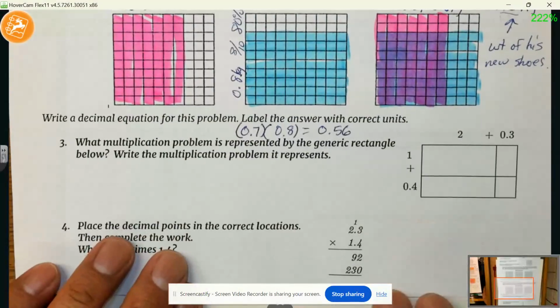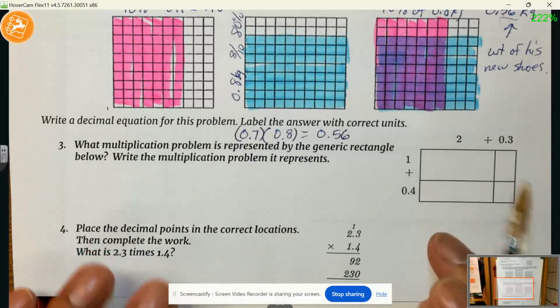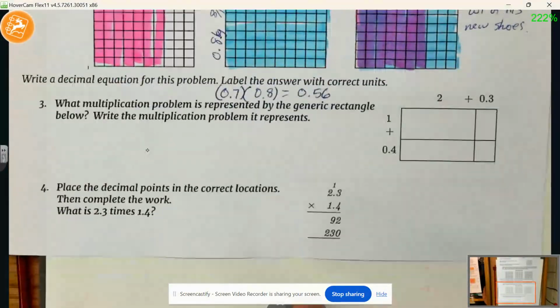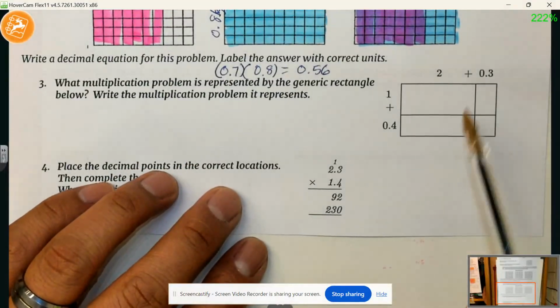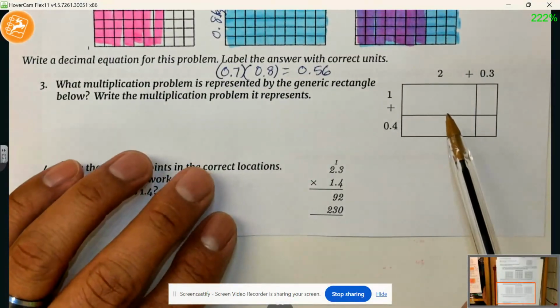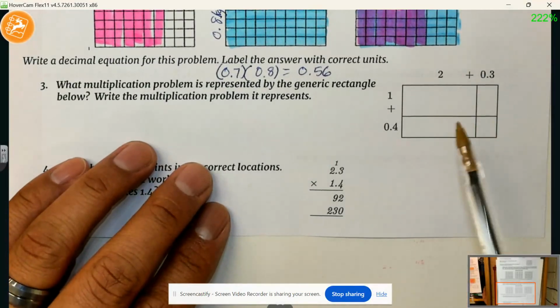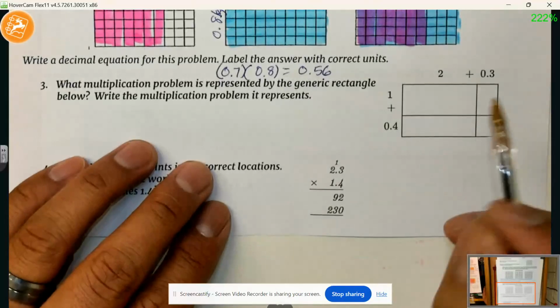So looking at the rectangle model again, let's go down to number 3. Which multiplication problem do we see that is modeled by this generic rectangle, this area model of multiplication?